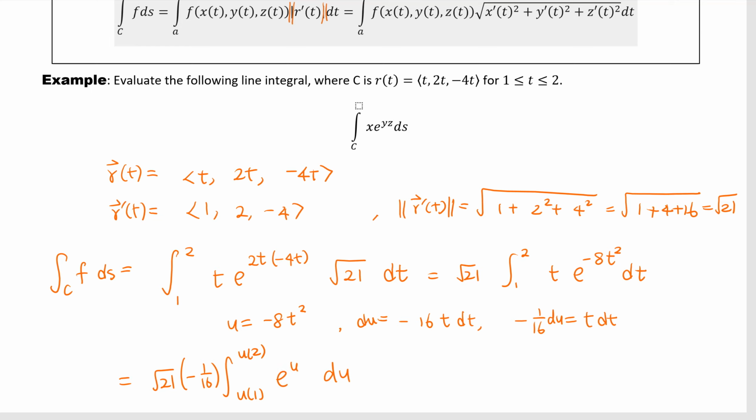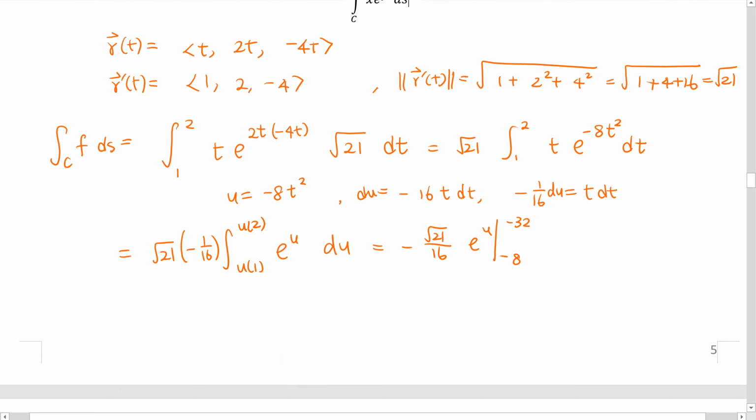Okay, and then we have e to the u. The integral of e to the u is e to the u. And u of 1: when t is 1, we get minus 8. u of 2: when t is 2, 2 squared is 4, 4 times 8 is 32, right? And what is that?